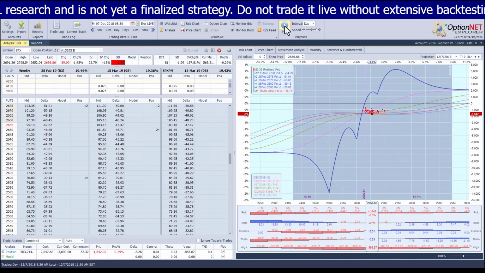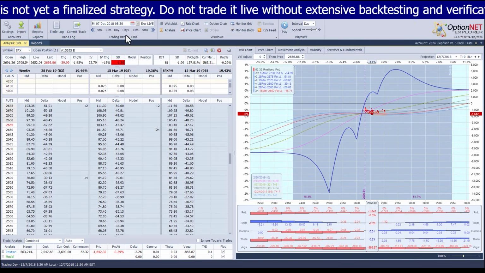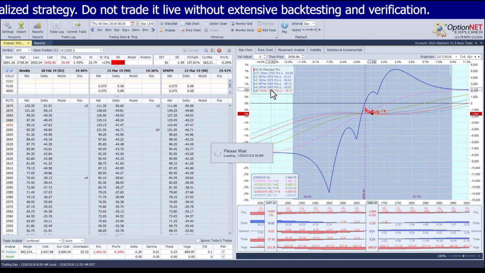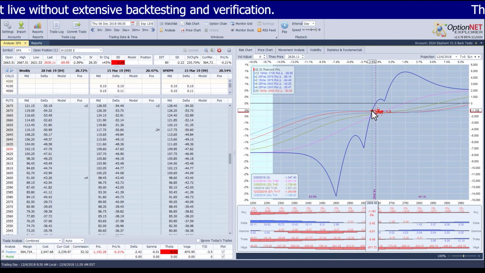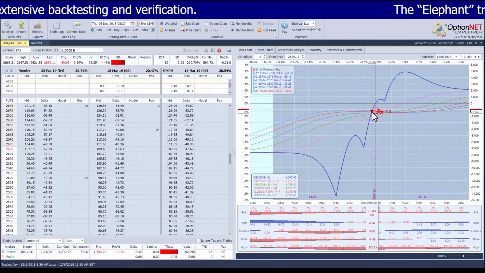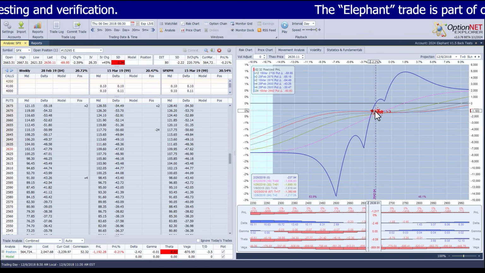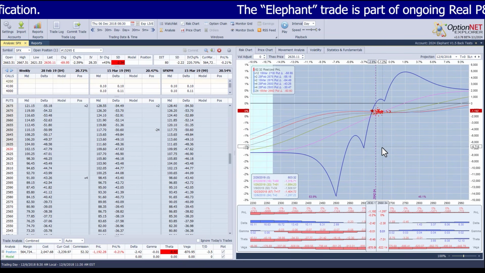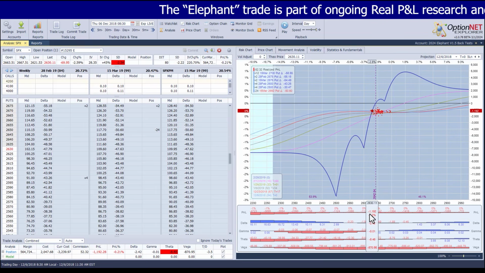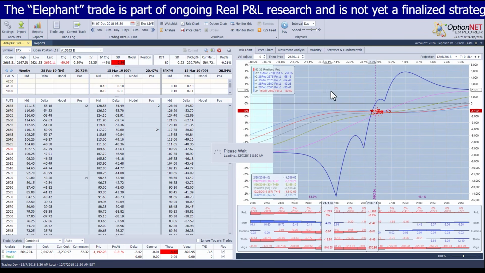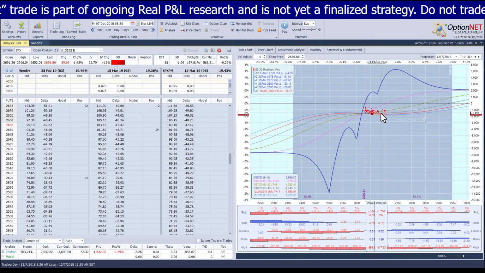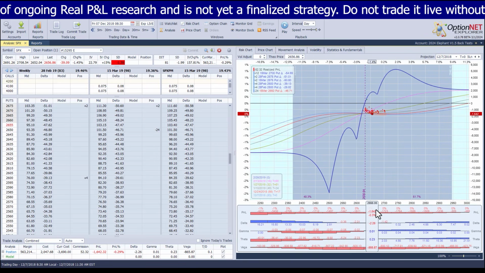So let me go back. So we basically hit... So this is kind of a discretion, you know, are we out or are we not out? I could take this off here, or I can wait, and I'm going to take it off here for a bigger loss, which is at the bottom of the thing.